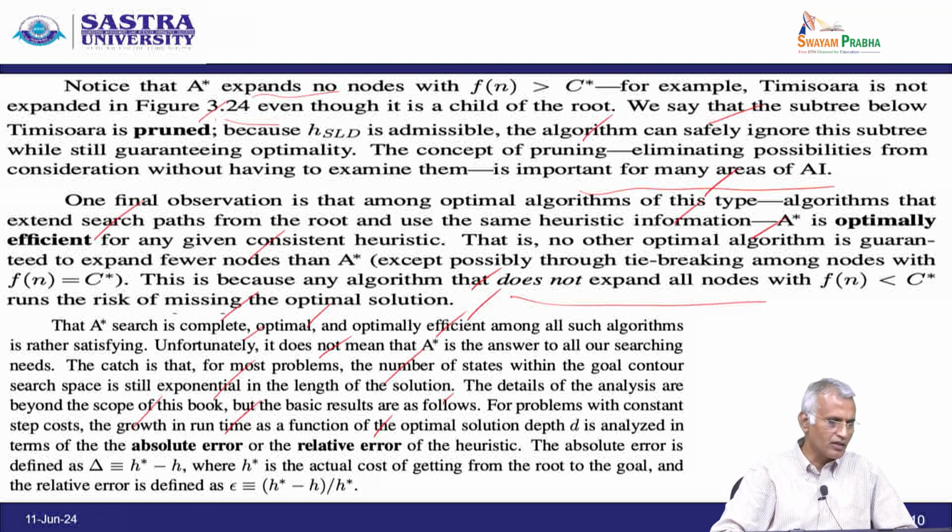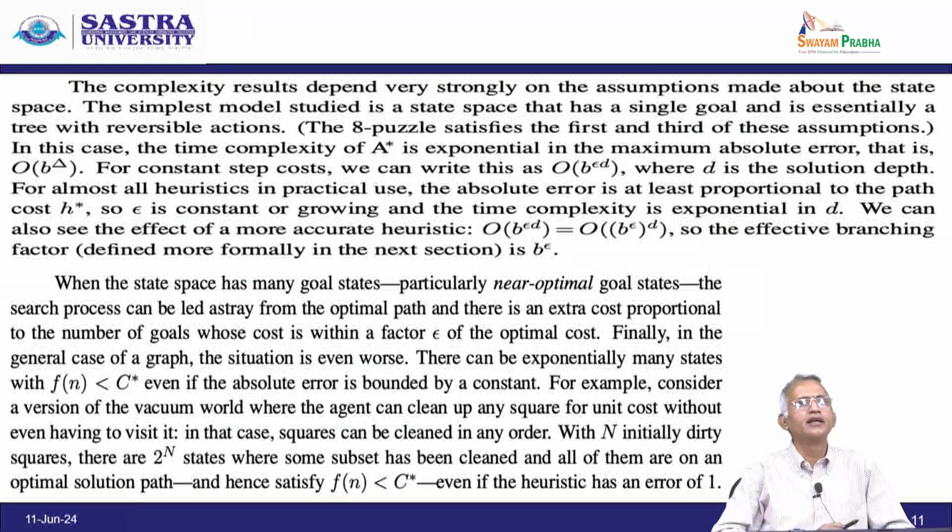The absolute error, delta, is defined as h star minus h, where h star is the actual cost of getting from the root to the goal, and the relative error is defined as epsilon equal to (h star minus h) divided by h star. The complexity results depend very strongly on the assumptions made about the state space. The simplest model studied is a state space that has a single goal and is essentially a tree with reversible actions.